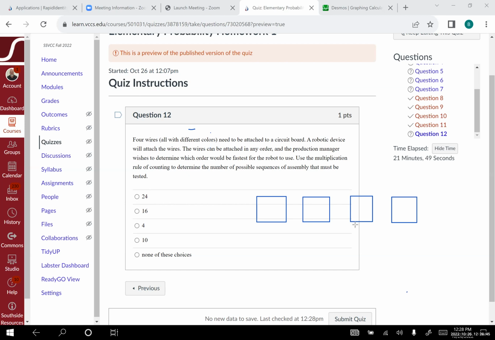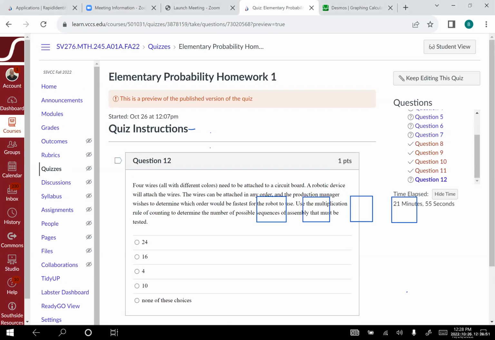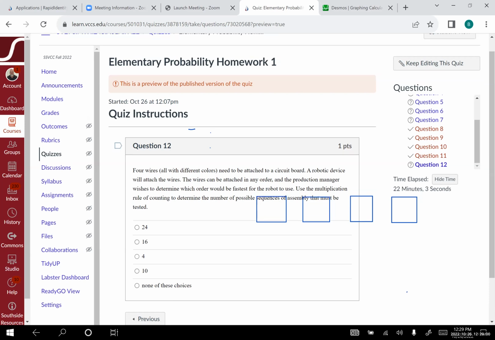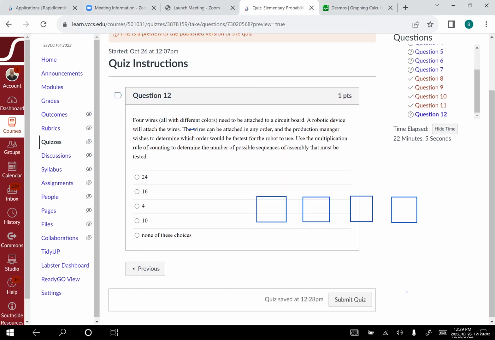Oh, mine says quiz. Well, I thought we were. Elementary probability homework 1. Yeah, my 12 looks different. What does everybody else see?